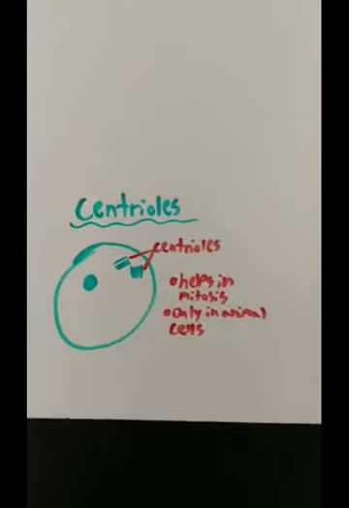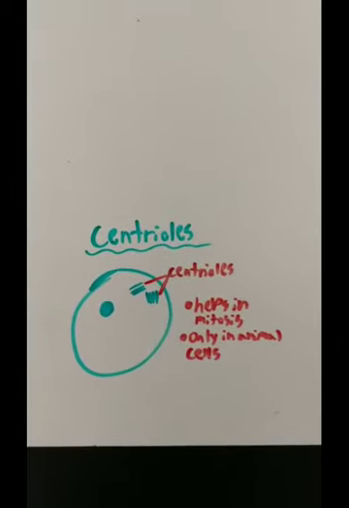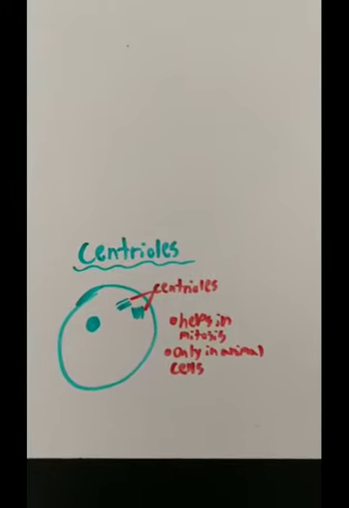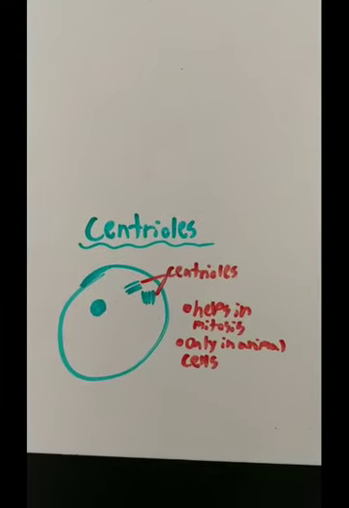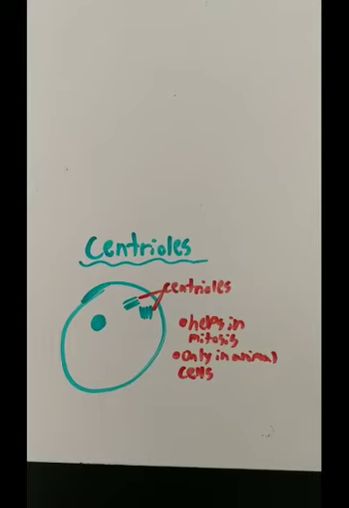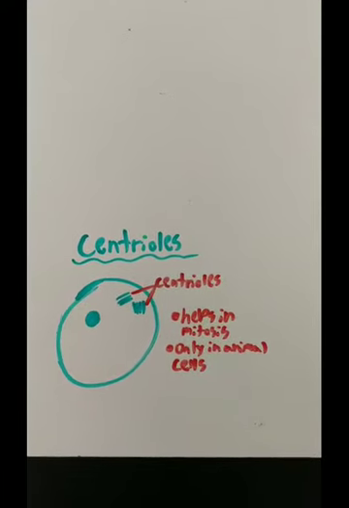Last but not least are the centrioles. The centrioles are only found in animal cells, because plant cells have their own little thing going on. What the centrioles do is help in mitosis. They help divide the cell and divide the organelles into one side or the other of the cell.